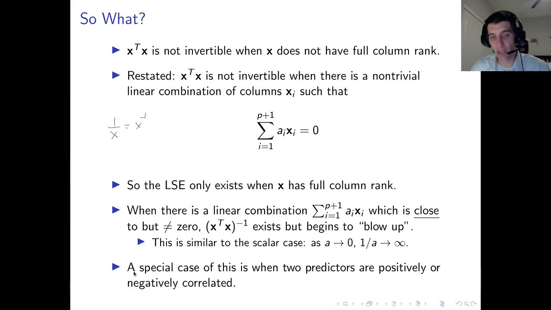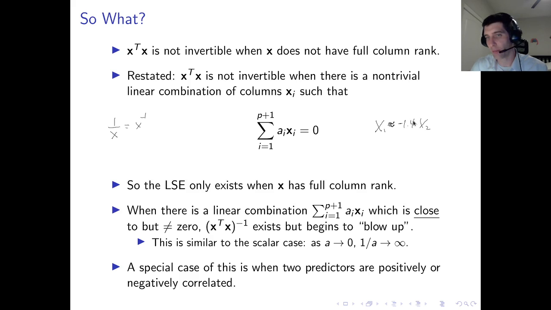So when does this happen? We have these linear combinations which are very close to 0. A special case of this is when two predictors are very strongly positively or very strongly negatively correlated. For example, say x1 is approximately negative 1.4 x2. I'm just picking some numbers. If this is approximately true, then they're going to be very strongly negatively correlated.